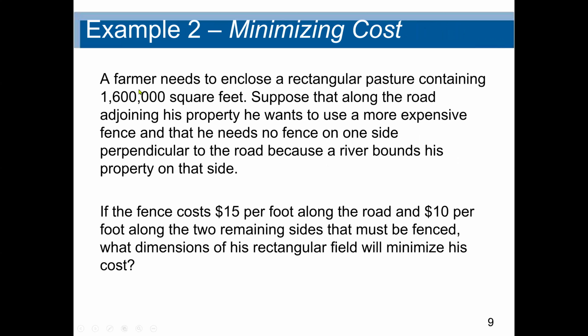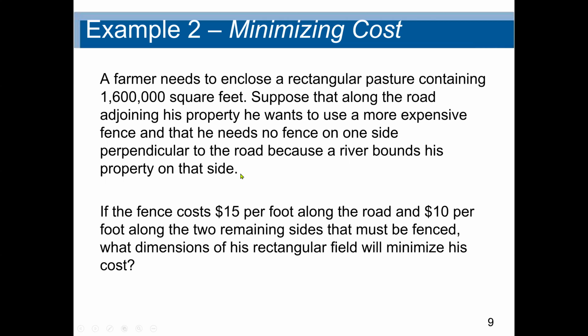Now in this case, we have a question saying that a farmer needs to enclose a rectangular pasture containing 1,600,000 square feet. Suppose that along the road adjoining his property, he wants to use a more expensive fence, and that he needs no fence on one side, perpendicular to the road, because a river bounds his property on that side.